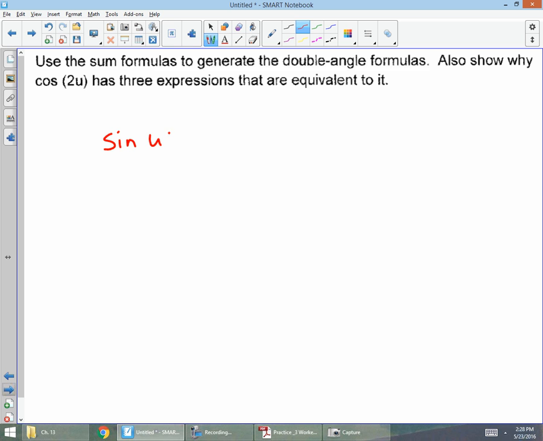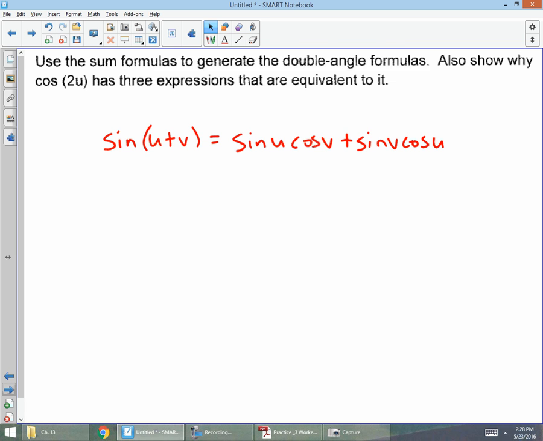The sine of u plus v is my traditional sum formula, which was the sine of u, cosine of v, plus the sine of v cosine of u. So that's page 400. How do we get to page 407? Well, there was an assumption that we would kick off the v and place in another u, which really gives me the sine of 2u.